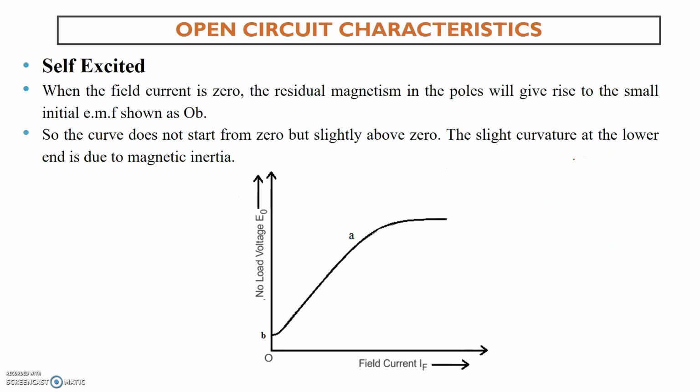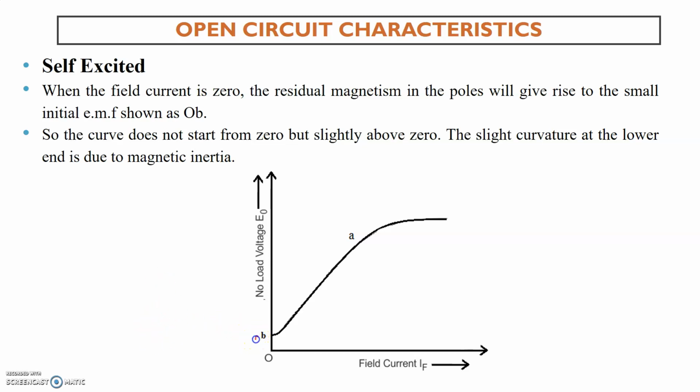Now we will consider the characteristics of a self-excited generator. In the case of a self-excited generator, whether it is a shunt generator, series generator or compound generator, when the field current is 0, the residual magnetism in the poles will give rise to a small initial EMF shown as OB.